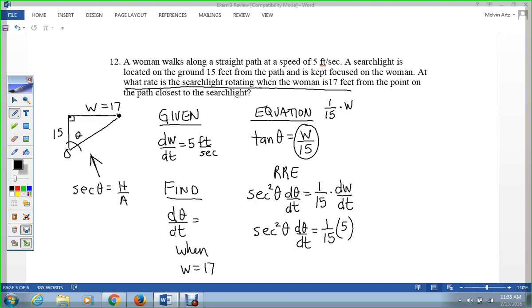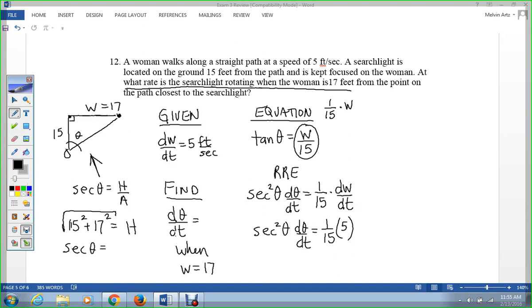So using the Pythagorean theorem, we'd have the square root of 15 squared plus 17 squared. I'm sorry, that's not w, that's our hypotenuse when w equals 17. So now we have all of the information to find the secant of theta.